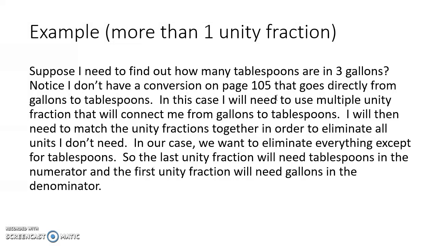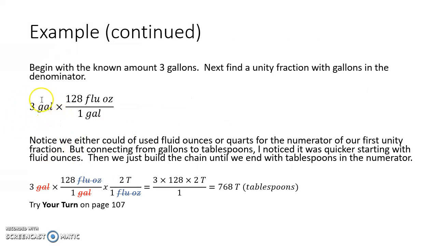So it's important that we start with what we know. So what do we know? We know we have 3 gallons. So I go to my next page here, and I'm going to first write down 3 gallons because that gives it to me in the problem. The next thing I want to do is I want to find a unity fraction that has gallons in the denominator, in the bottom of the fraction, because I'm going to need to cancel those gallons out.